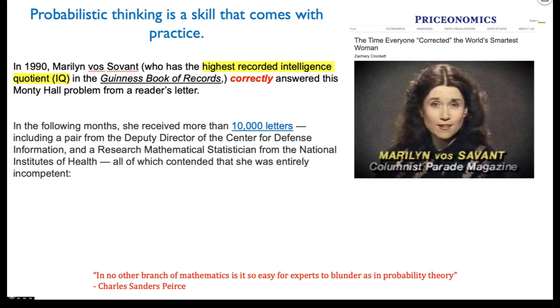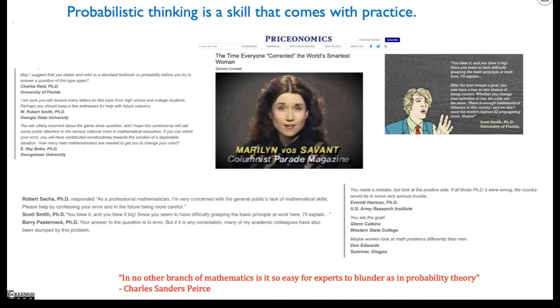And in the following months, she received more than 10,000 letters of people telling her that she was completely incompetent. Here are some snapshots and some quotes of people that were responding to her at the time. And these were not just random people that didn't understand probability or statistics. These were people that had a lot of education in it, and even then were struggling to understand this.